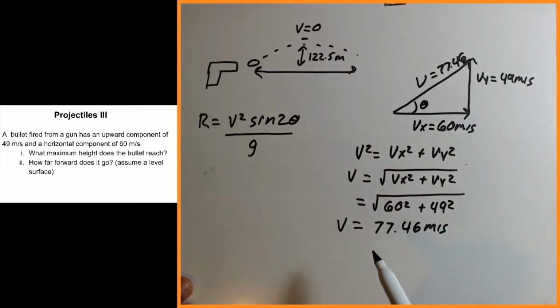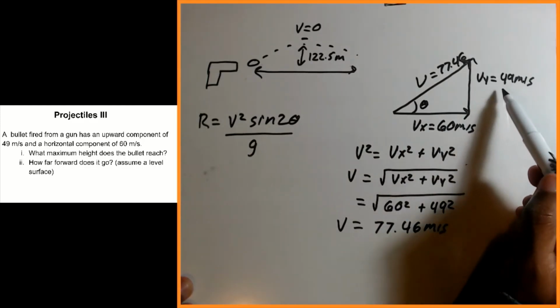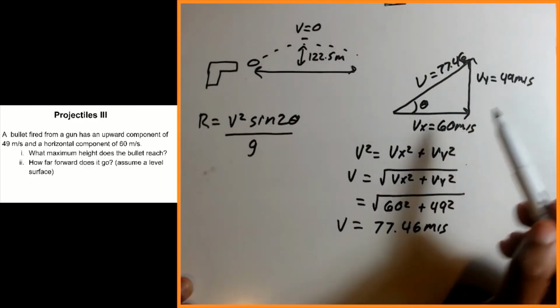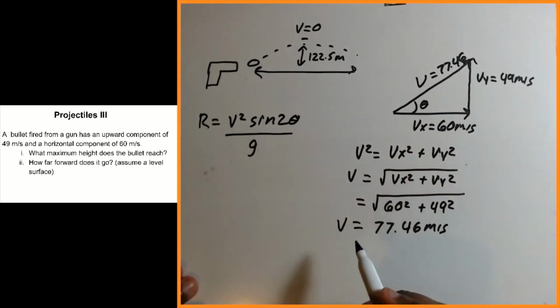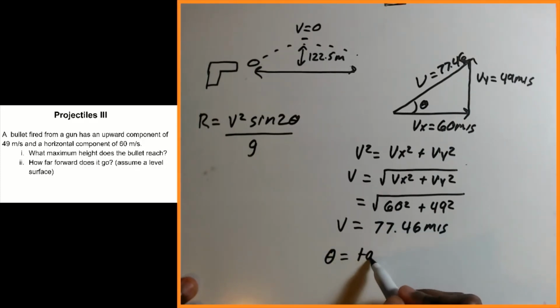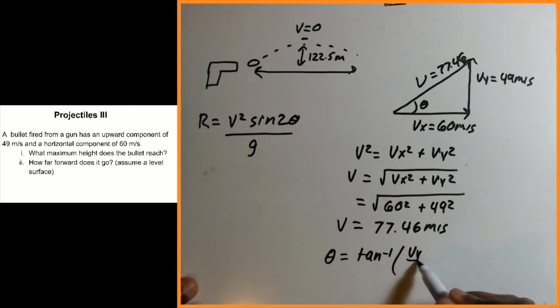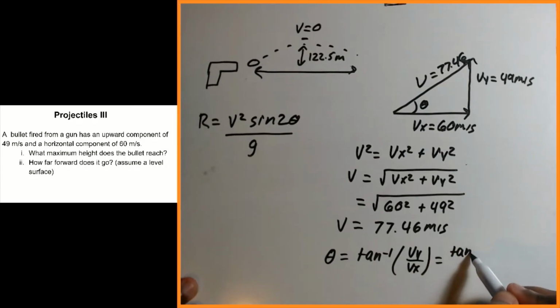And the angle, theta, we also don't know. So once again, we're just going to do opposite, which is Vy, over adjacent, but we could use any of the trig formulas. Let's just use the ones that are given. So theta is going to be equal to the tan inverse of Vy over Vx, which is equal to tan inverse of 49 over 60.